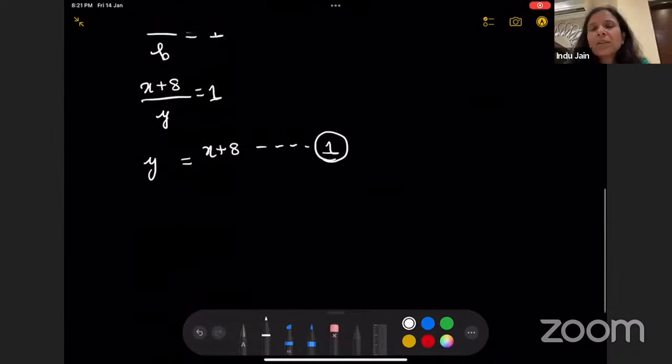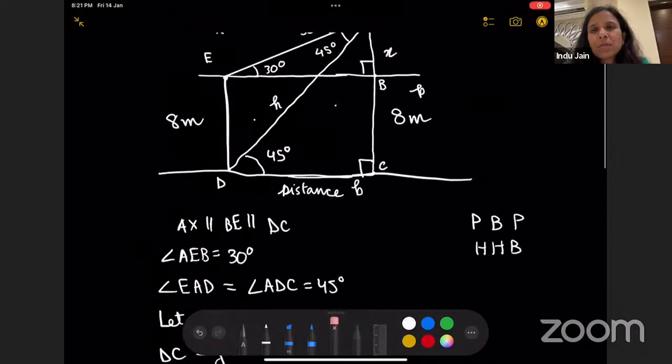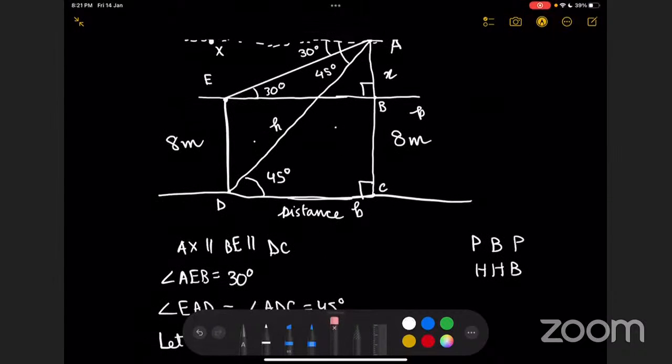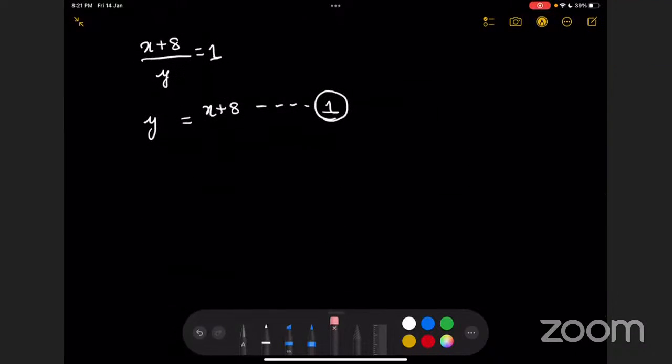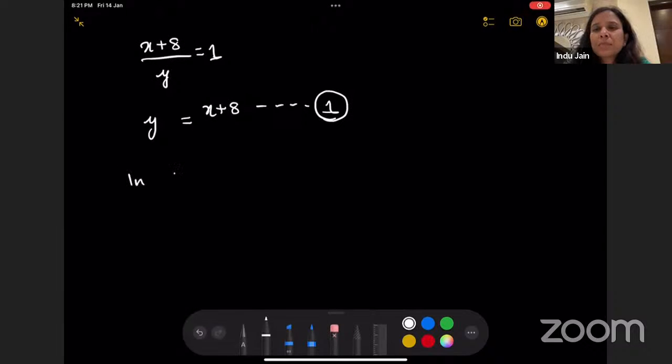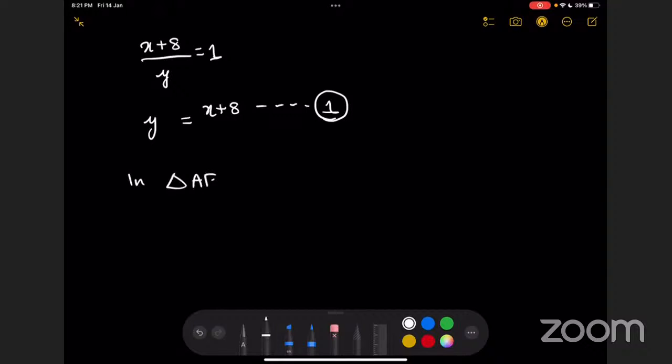Use the other triangle also now. No, I am using AEB now. Yes, that's what I'm finding. I'm finding AB using tan 30 in triangle AEB.